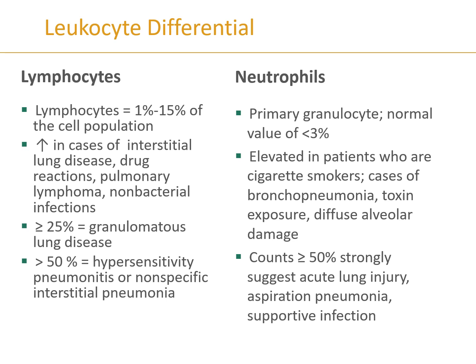With our neutrophils, these are of course your primary granulocytes, and their normal value within the differential count should be less than 3%. However, you can see elevated percentages in patients who are cigarette smokers, or in cases of things like bronchial pneumonia, toxic exposure, or any sort of damage within those lung cells.